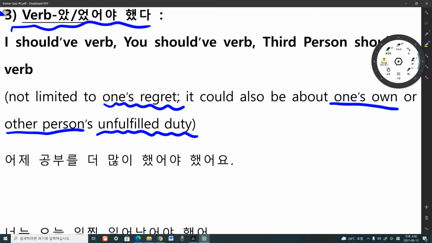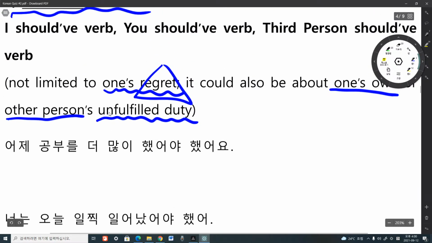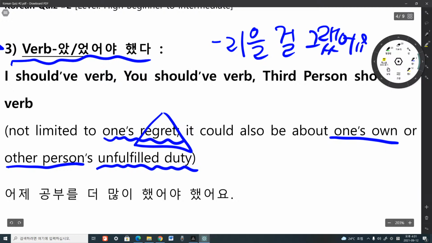So this expression is not limited to regret, but it could also be used to talk about my own or another person's unfulfilled duty or unfulfilled action that they didn't do. Unlike 할 걸 그랬어요, we learned that 할 걸 그랬어요 can only be used when the subject is I, right?